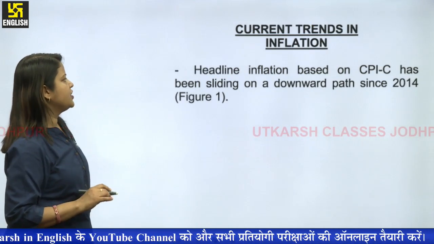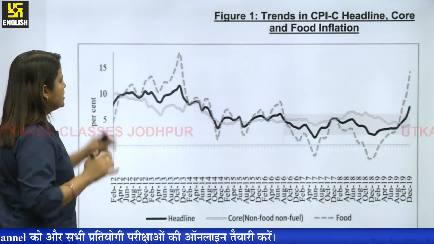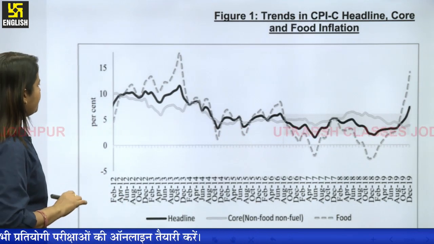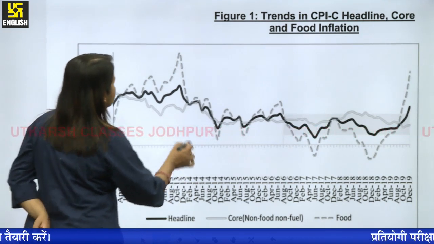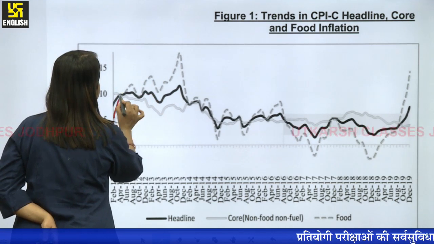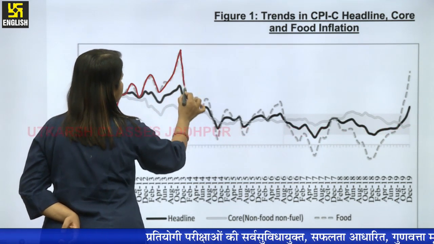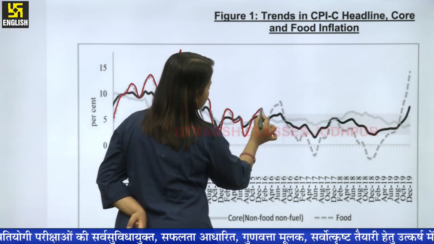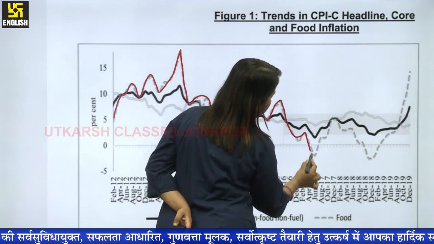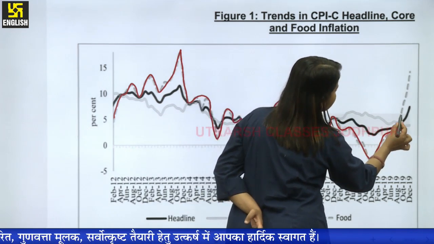Current trend in inflation. This is the current trend in inflation: headline, non-food and food inflation. This is the curve of food inflation. You can see how it goes up and comes down, and when we look at the whole line, there are many ups and downs in food inflation.